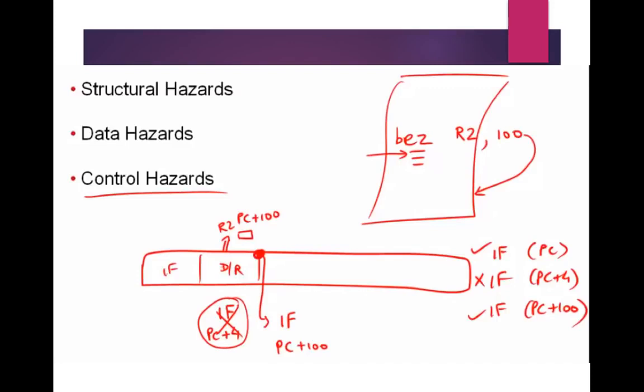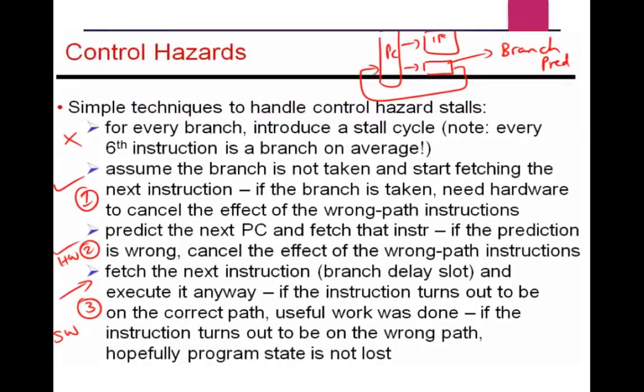We should not execute the second instruction. So the technique we use is, for each branch, introduce a stall cycle. If the branch is not taken, start fetching the next instruction. If the branch is taken, we need hardware. So there are two options.